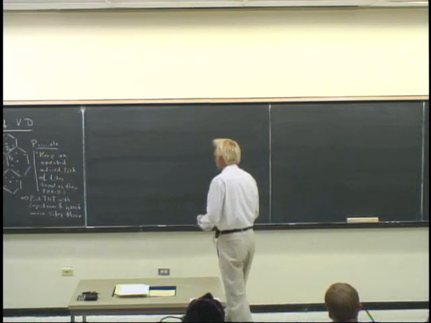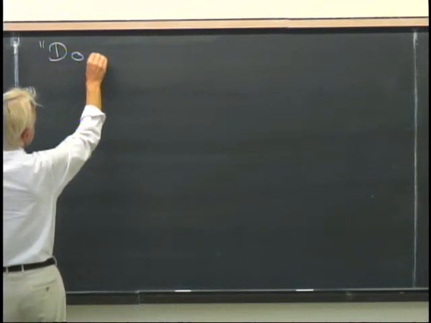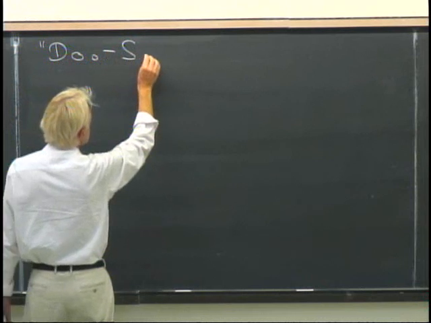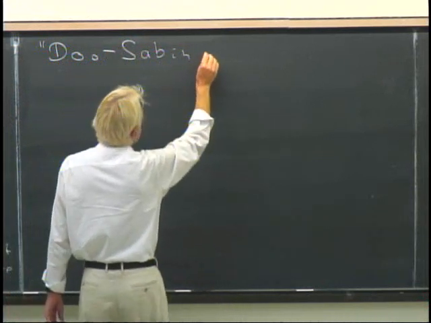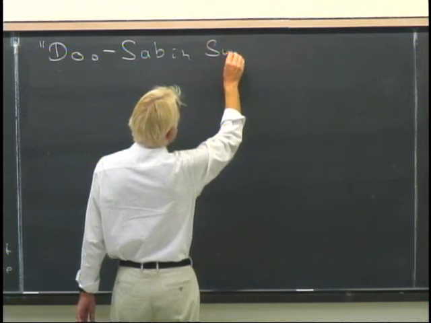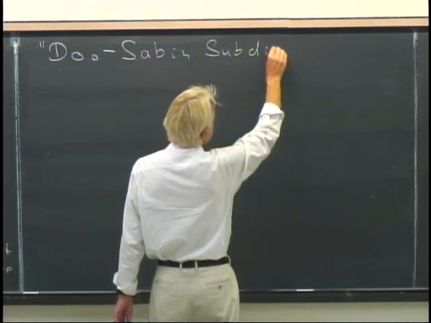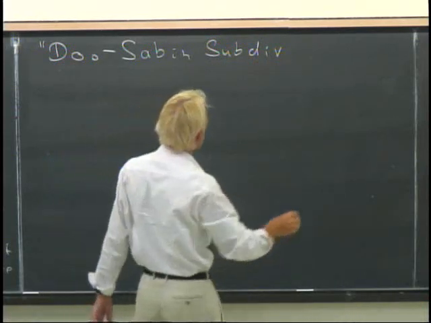So I just want to get your appetite started on this a little bit. This is just for fun, the Do-Sabin. And the Sabin guy is again Malcolm Sabin. Do-Sabin subdivision. This word subdivision has many, many synonyms actually as well.